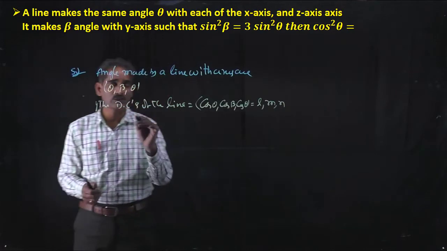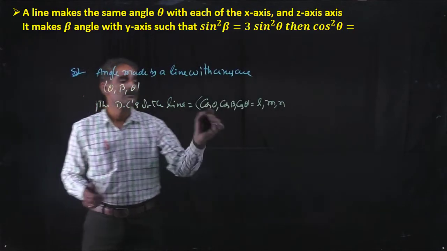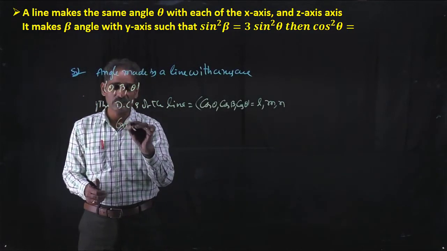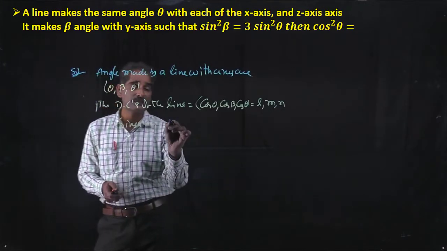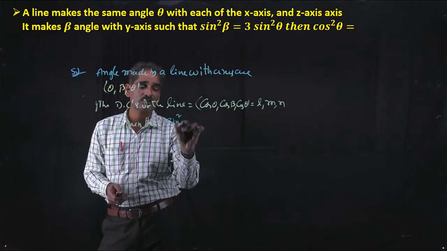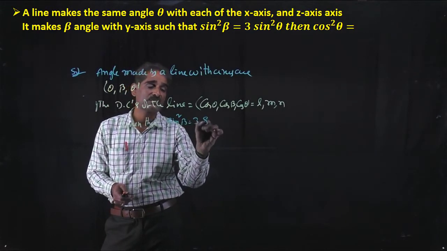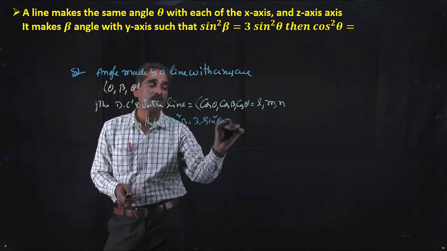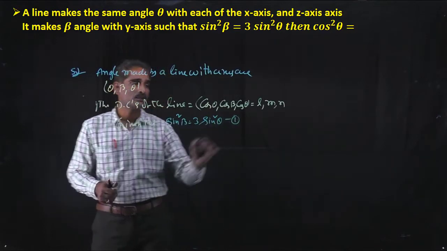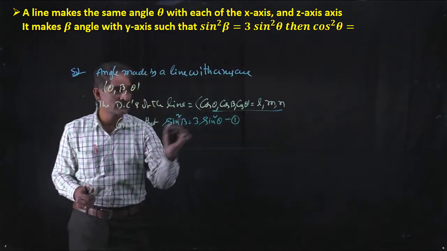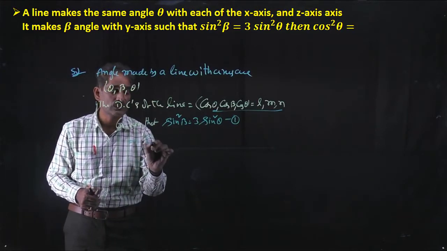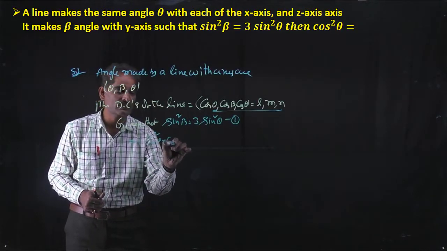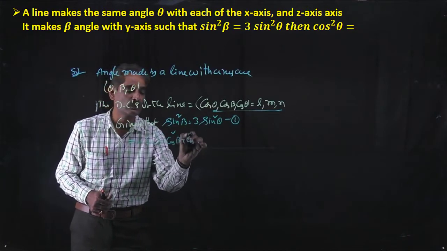And also given that sin square beta is equal to 3 sin square theta. Let us take this as equation 1. So we can write the second equation, L square plus m square plus n square equal to 1. Therefore cos square theta plus cos square beta plus cos square theta is equal to 1.